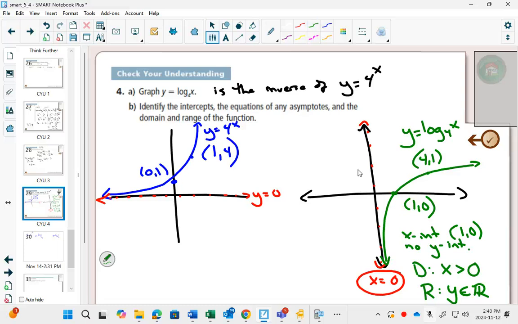Questions for practice on this one are 10 and 11, but I'm going to get you to graph one more graph. So I think you have space still on the bottom of page 378.